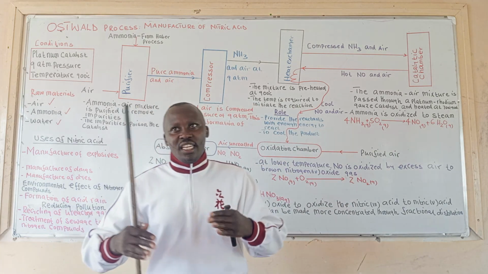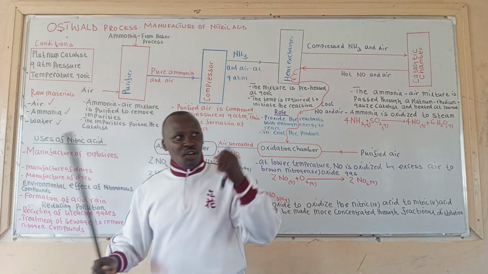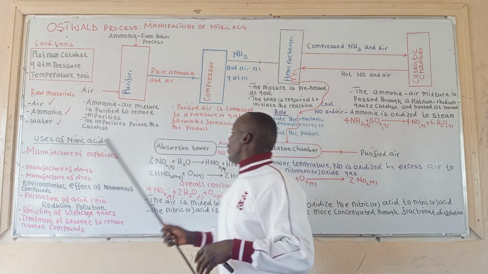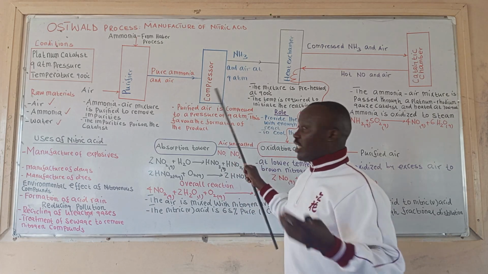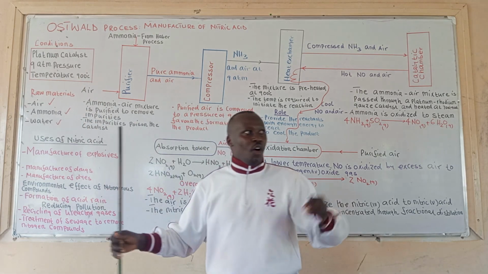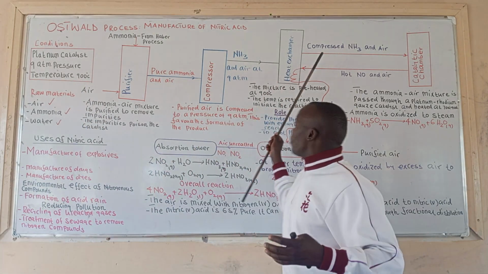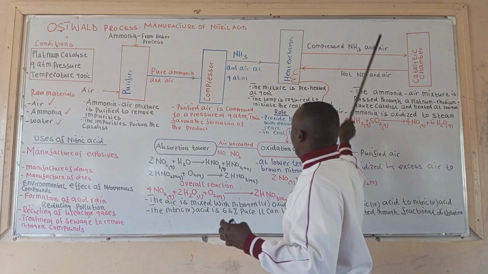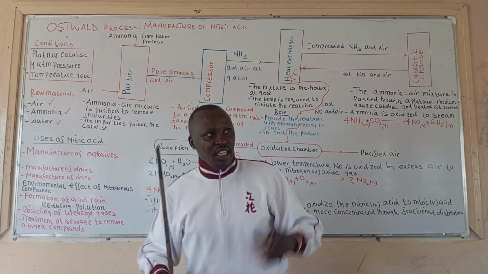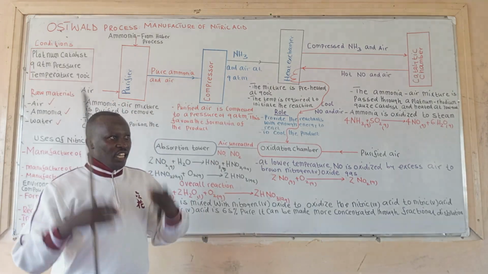The rhodium in this case is acting as a promoter. Then we have another condition of 9 atmospheres. Of course, the 9 atmosphere pressure you can see at the compression chamber. And then we have a temperature of 900 or 700. We have this temperature in the heat exchanger.